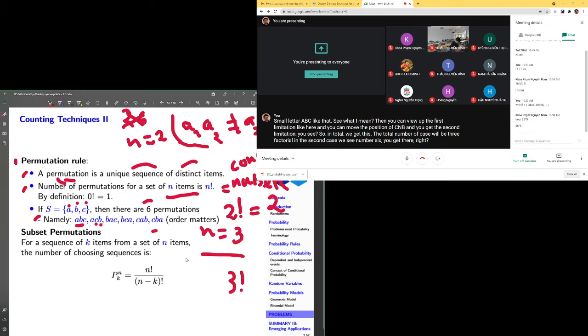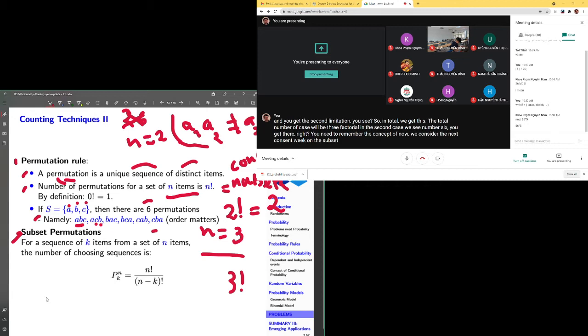Now we consider the next concept we call the subset permutation. So we don't have moving the position of n items. You are allowed to change position only to k characters, where you allow the number k to go inside this range.